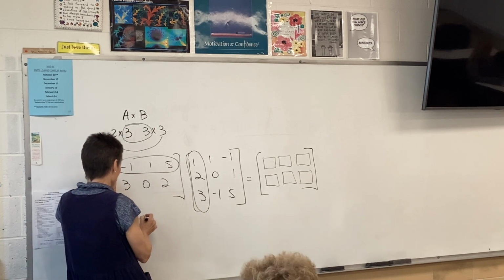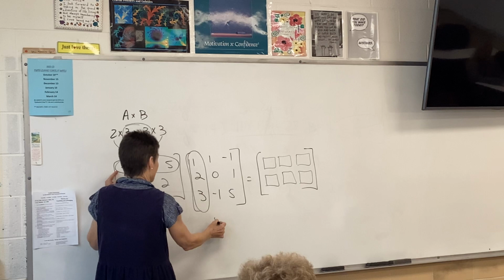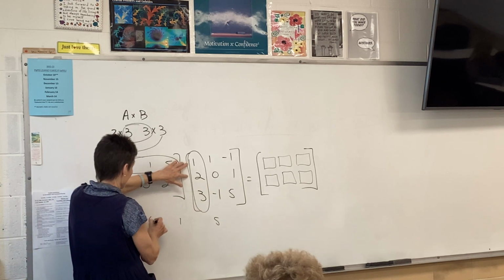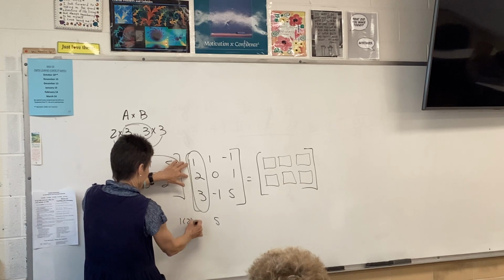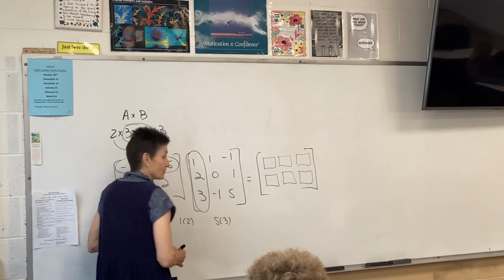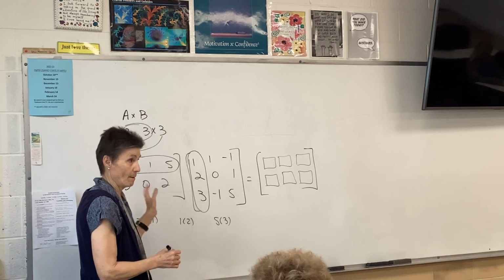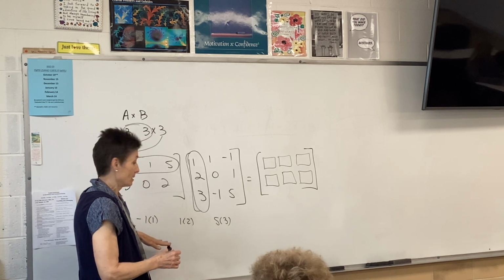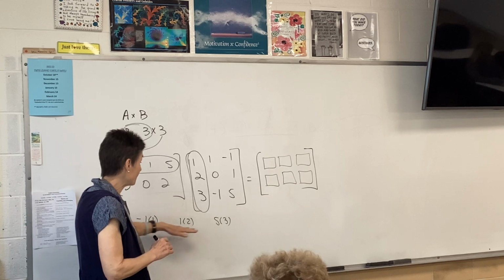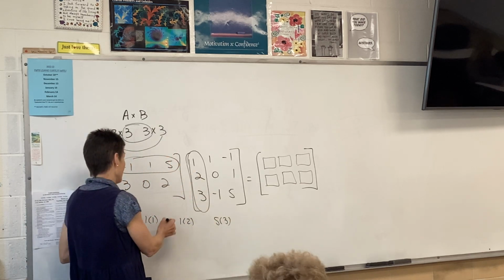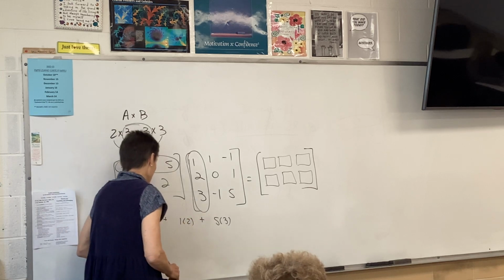So I write down my first row, and then next to those respectively, I write down my first column. Okay, now what do I do with all these numbers? Well, these get multiplied, right? And then all of it gets added up. So what does that end up equaling?